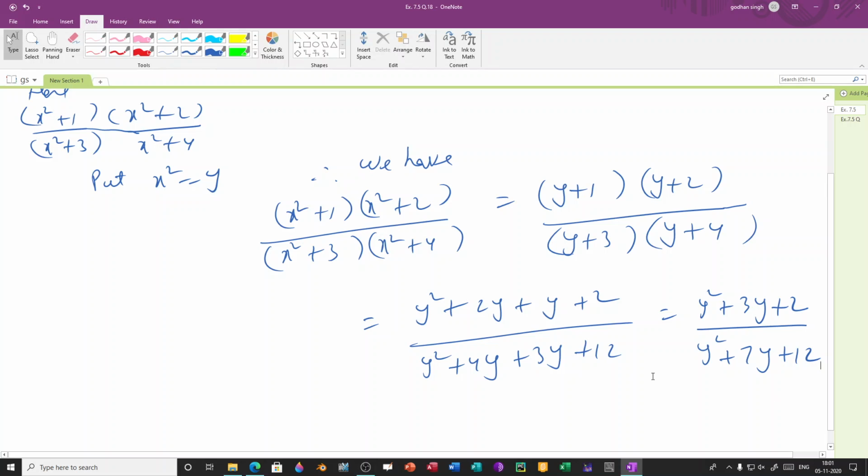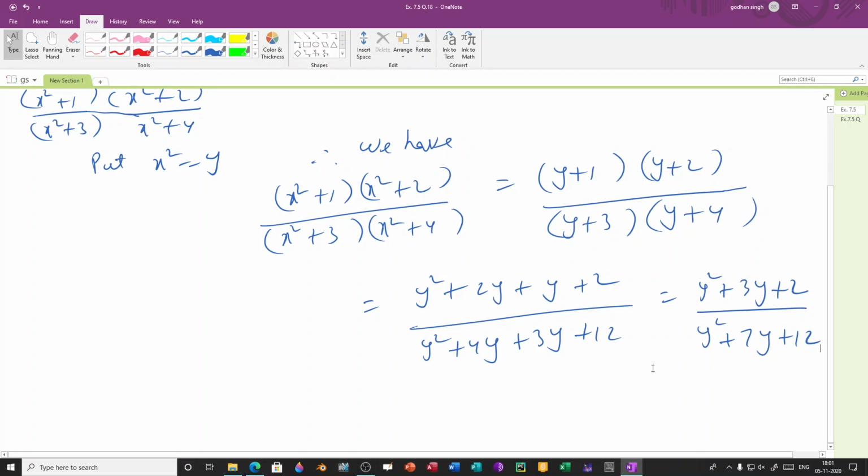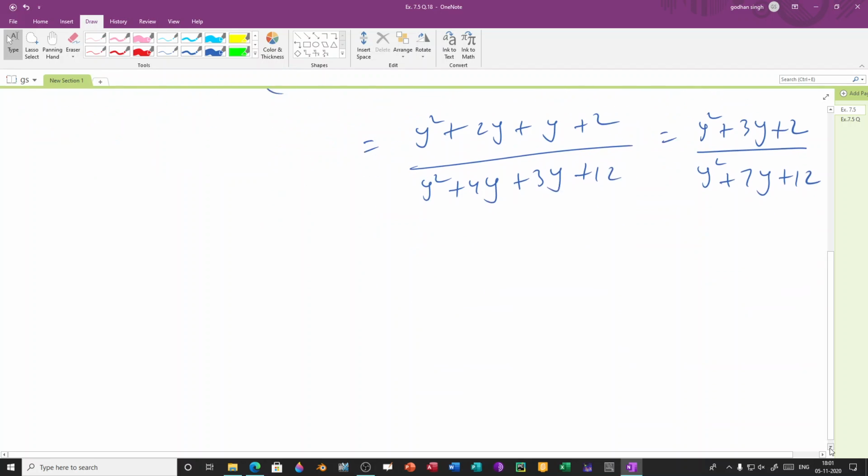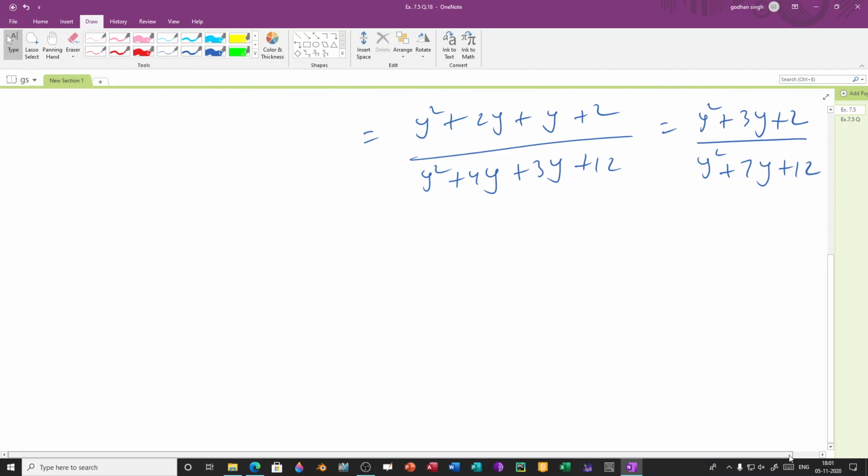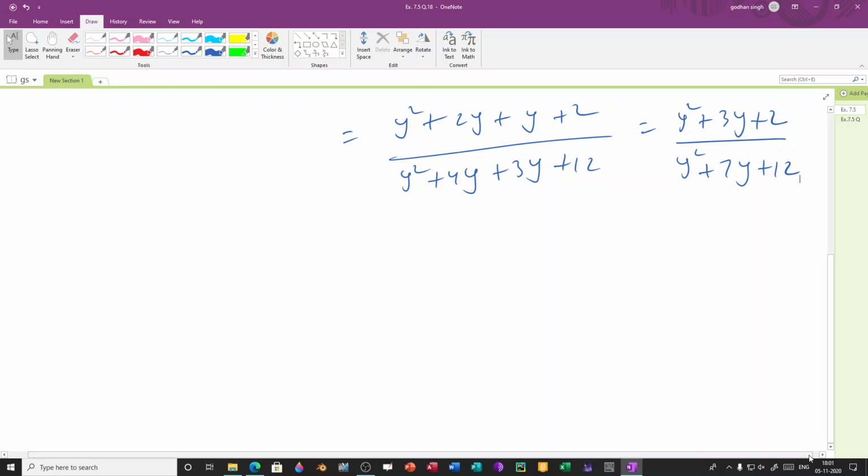What we are going to do is divide this, so we'll use the method of long division. y square plus 7y plus 12 is going to divide y square plus 3y plus 2, and obviously if you multiply by 1 we'll get the result.